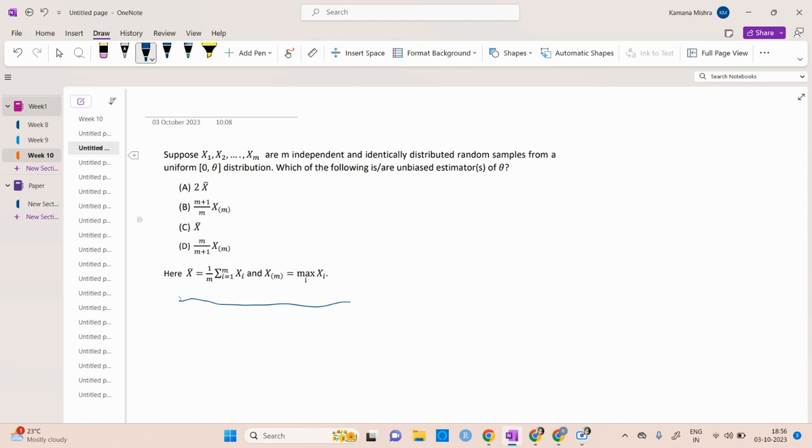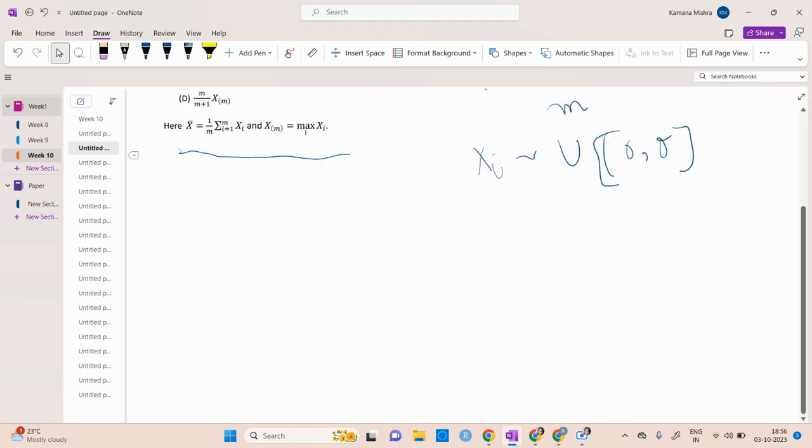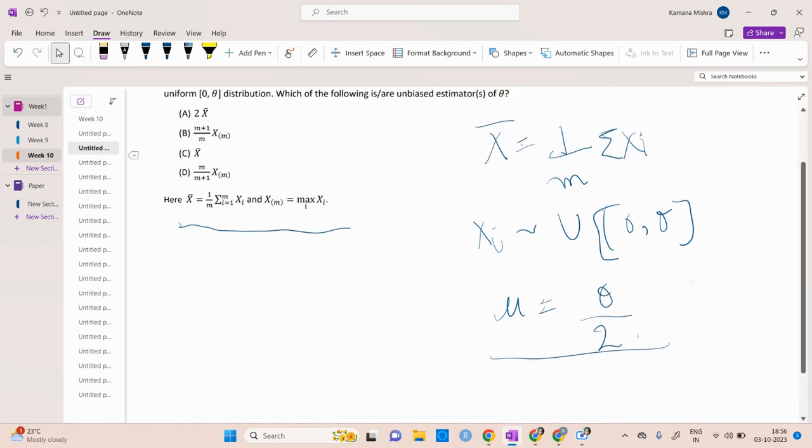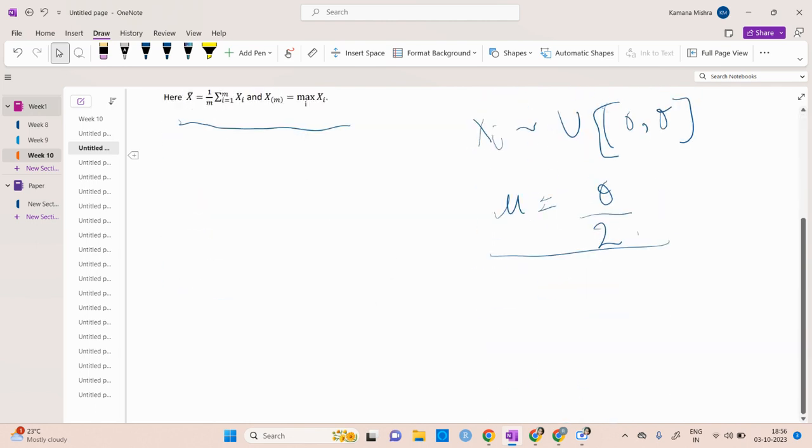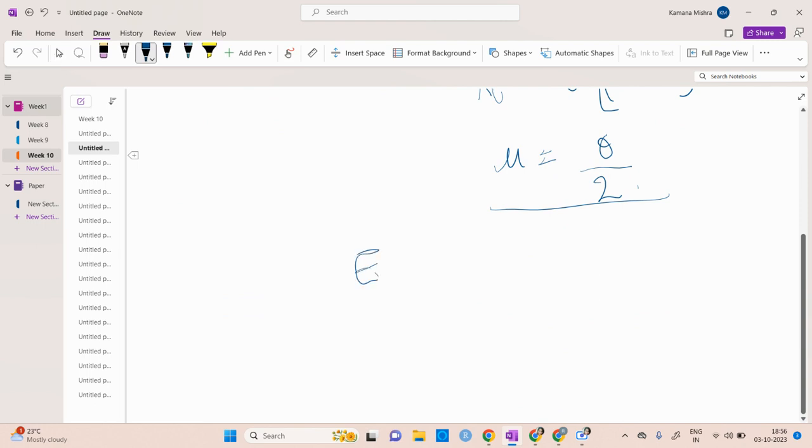Now x bar is equal to 1 upon m summation xi. Each xi follows U(0, theta). For U(0, theta), the mean mu is given by (a+b) upon 2, so that will be theta upon 2, right? Now we can check the expectation of x bar.